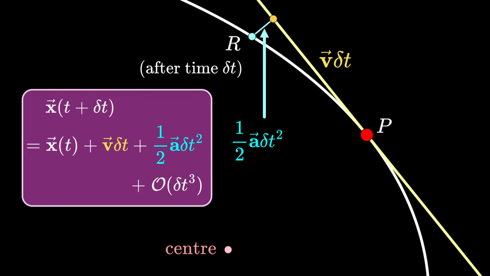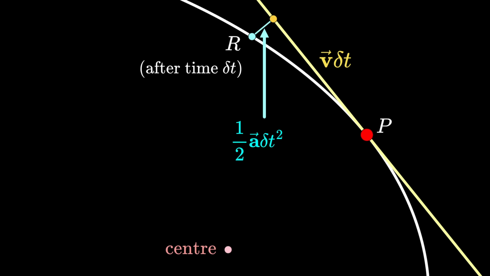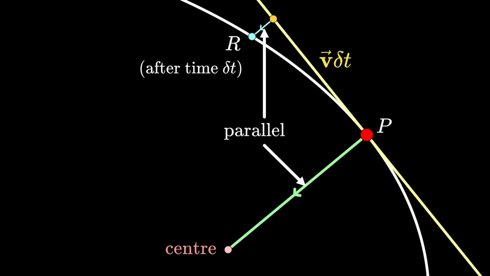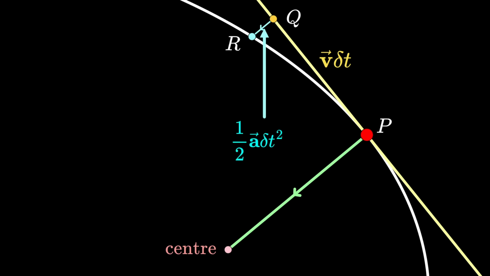But we know the acceleration should point towards the center, so these two lines should be parallel to each other. This parallelism is how we can construct the point Q on the tangent line. Now that there is a geometric construction of Q, we can go back to how this part is due to acceleration. The magnitude of the acceleration A can be found by twice QR divided by delta t squared.